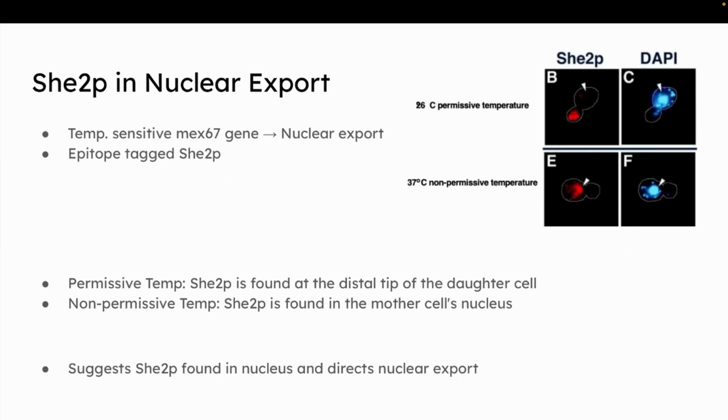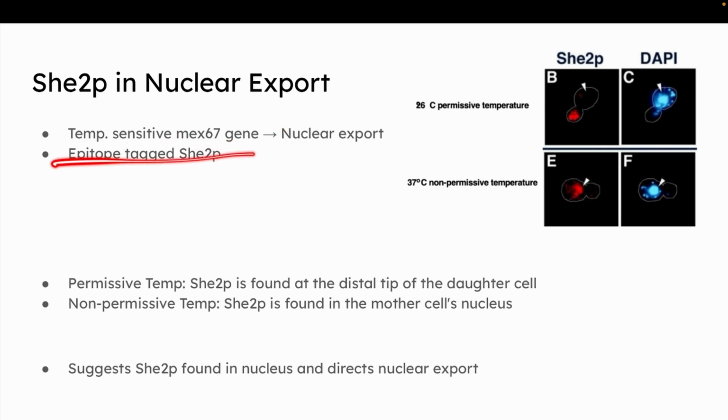But now they want to go back. Okay, let's look back at SHE2 and take a look at its role in nuclear export, because if it's involved in moving this mRNA, is it involved in nuclear export in some way? What's going on? So what they did was they used the temperature-sensitive MEX67 gene. This gene encodes proteins that are important in nuclear export.